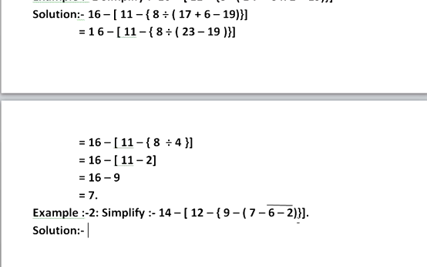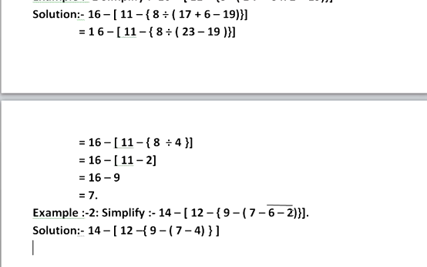So first we solve the vinculum and the other terms of the expression we copy. So 14 minus 12 minus curly bracket 9 minus small bracket 7 minus. First we subtract, because the vinculum is between the 6 and 2. From 6 we subtract 2 and remove the vinculum bracket, we get 4, and then we close the brackets one by one.